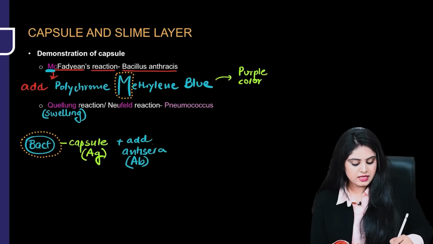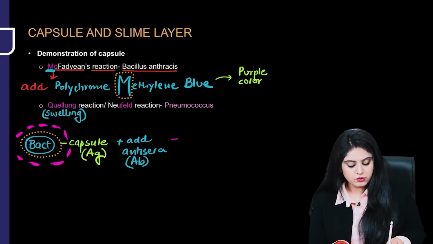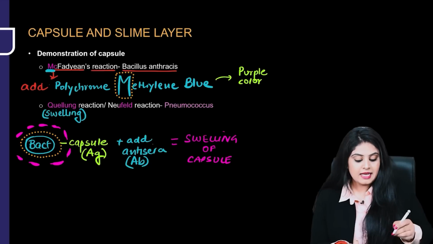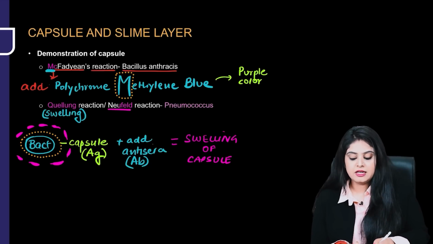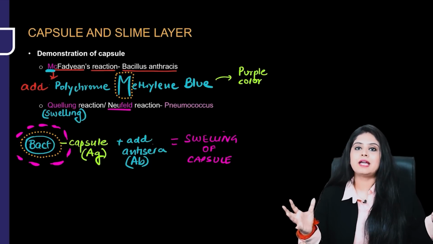Will that result in the swelling of this capsule? This capsule will end up swelling. That is important. So please note that when they talk about swelling of the capsule, they are talking about the Quellung reaction. Swelling for Quellung. Easy. And I also call it the Neufeld; how I have learnt it is fela hua capsule. So Quellung is the swelling of the capsule and Neufeld means fela hua, a bigger capsule.